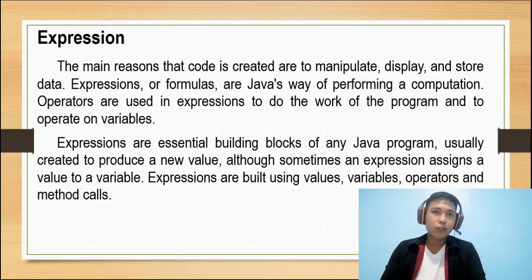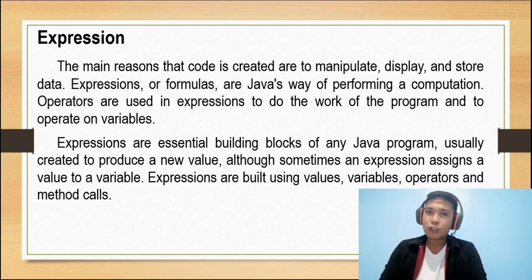Operators are used in expressions to do the work of the program and to operate on variables. So meaning, everything in a formula uses operators. Let's say for example, equal sign, plus sign, multiplication sign, division sign. So those are all operators, as well as greater than, less than, or double equals, or the exclamation point, which is the not sign.